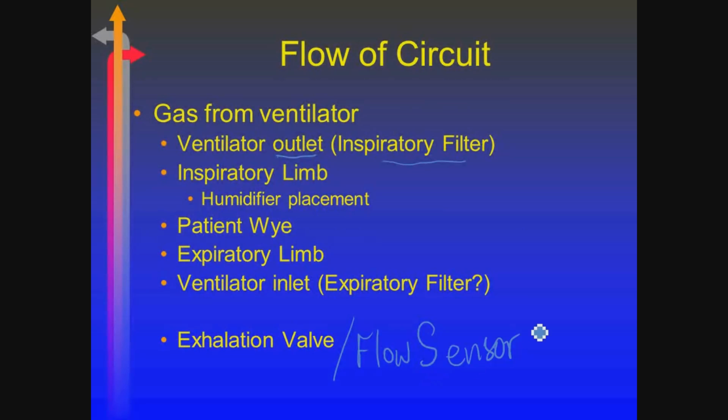One is an exhalation valve that opens and closes and allows the gas to be delivered. The way these ventilators work is if I close the expiratory valve and the gas is coming out of the inspiratory side, it has nowhere else to go but into the patient. Once the gas has been delivered, I want the patient to exhale, so I open up the exhalation valve and they're allowed to exhale, just like your IPB system was.